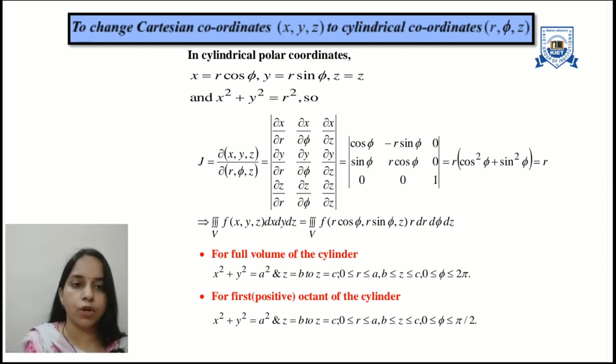So for the full volume of the cylinder, we have the limits of r 0 to a, for z b to c, for phi 0 to 2 pi, and for the positive octant these are r 0 to a, z b to c and phi 0 to pi by 2.